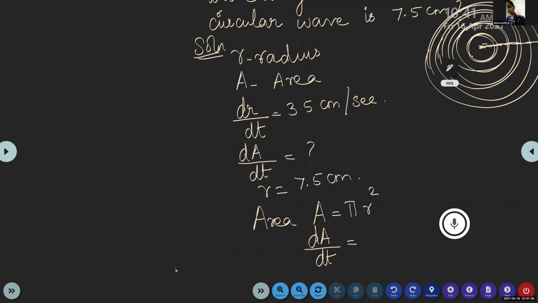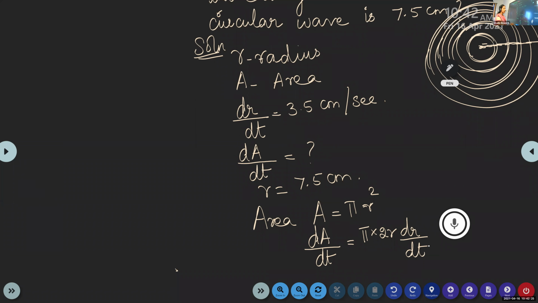Ma'am, 2 pi r. Okay, how will you find this? Pi is constant. What is the derivative of r square? 2r. 2r into dr by dt.